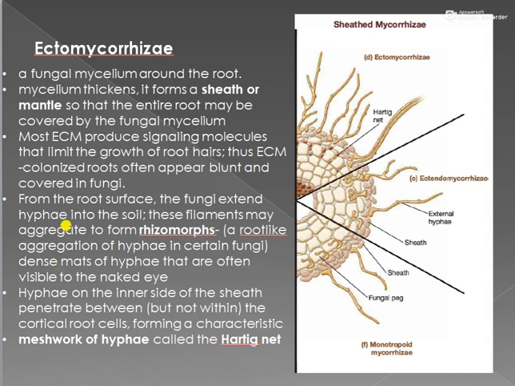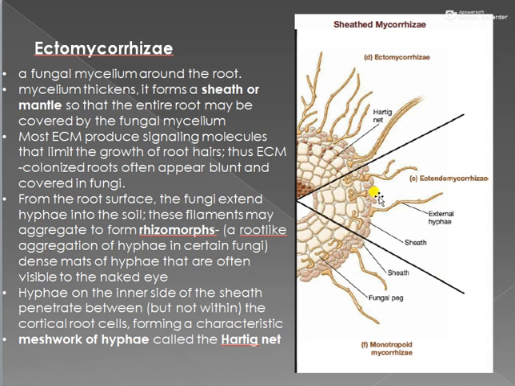As I told you earlier, a fungal mycelium will be found associated with the root over here, and in some cases this mycelium will be thickened. You know what is the difference between a hypha and a mycelium? When hyphae become entangled, it becomes a mycelium. So at times the mycelium will get thickened, and that will form a sheath.